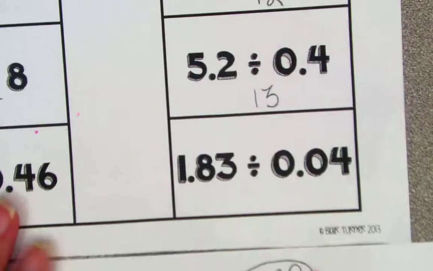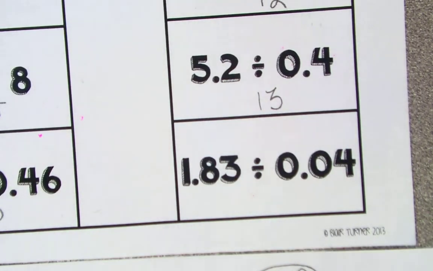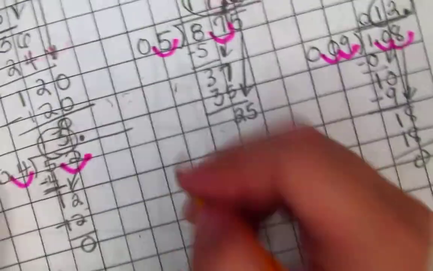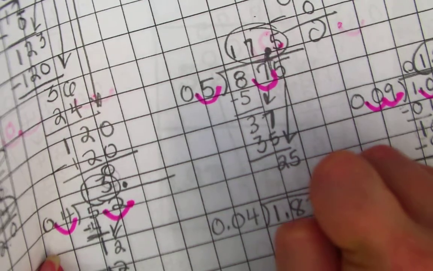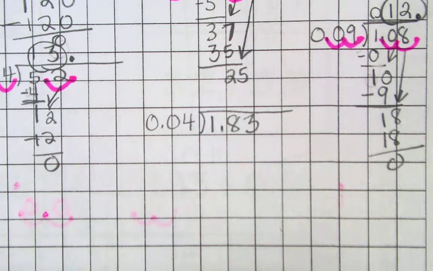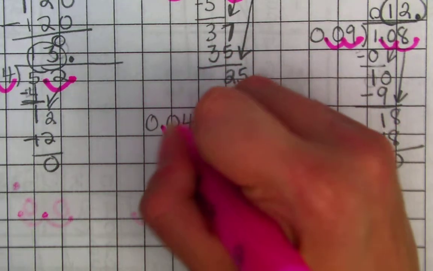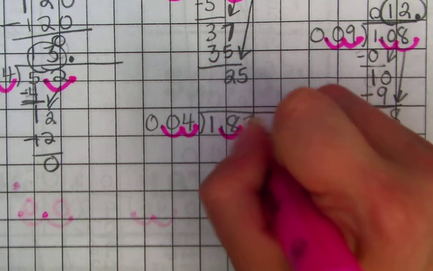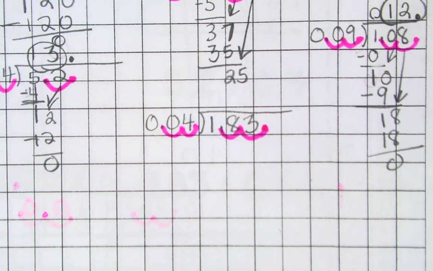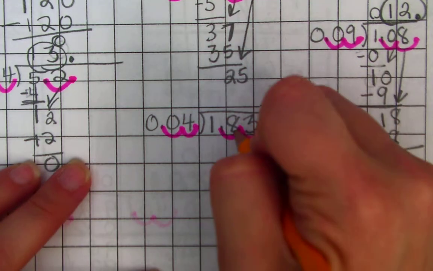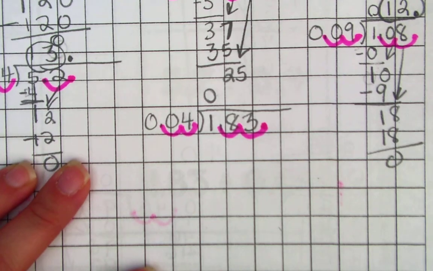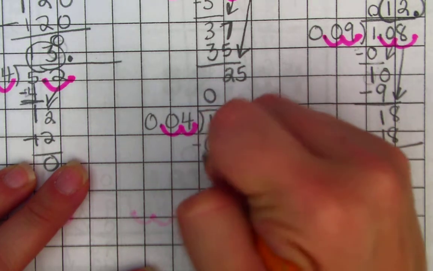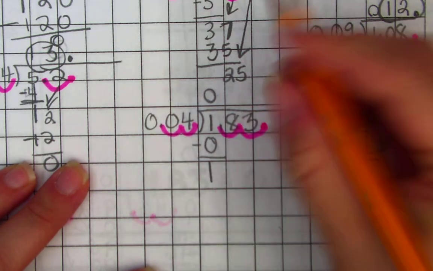Okay, one more, and then we're done with this side of the sheet. You're taking 0.04 divided by 1.83. I need to move over my decimal 2 places. 1, 2, 1, 2. 4 can go into 1 0 times. 4 times 0 is 0. 1 minus 0 is 1.